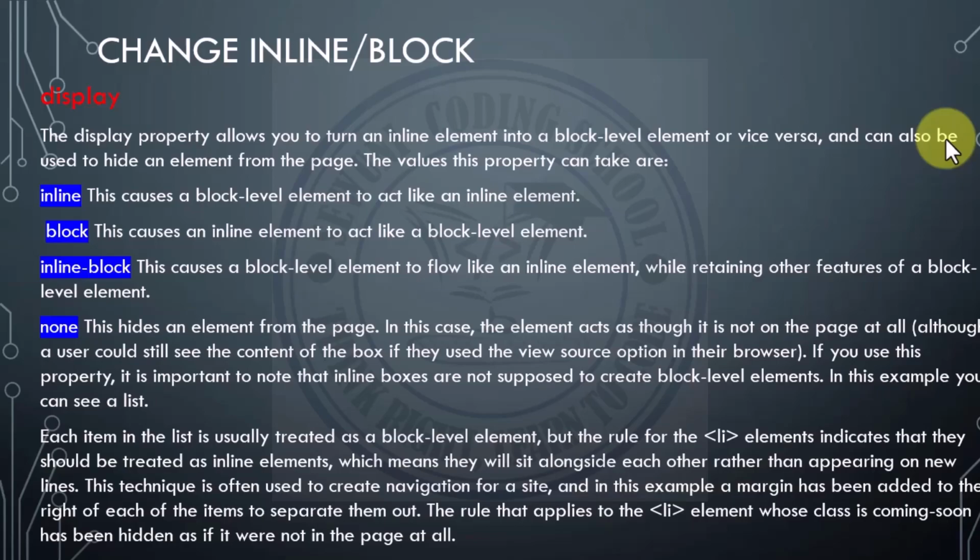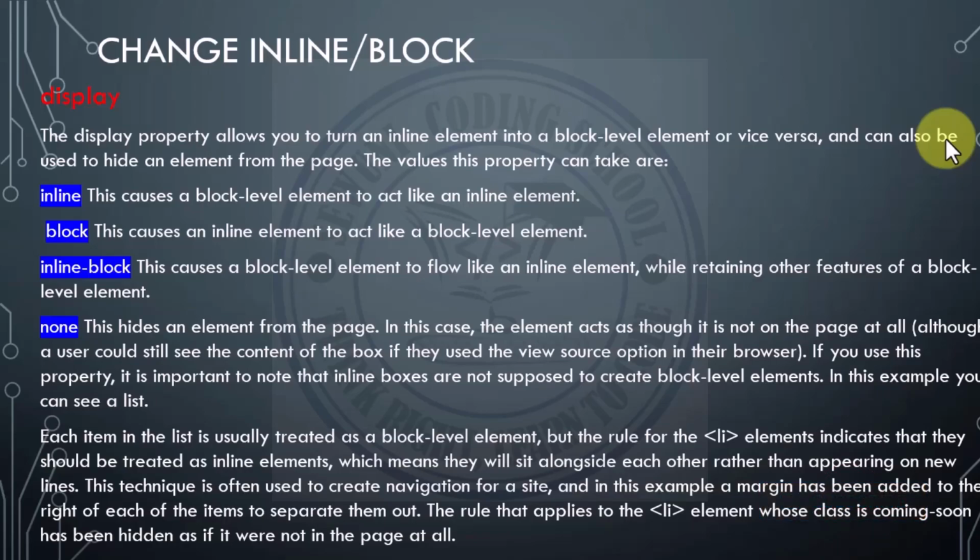I'm going to give you an example, and in the example you are going to see each item in the list treated as a block level element. But the rule for the list element indicates that they should be treated as inline elements, which means they will sit alongside each other rather than appearing on a new line.